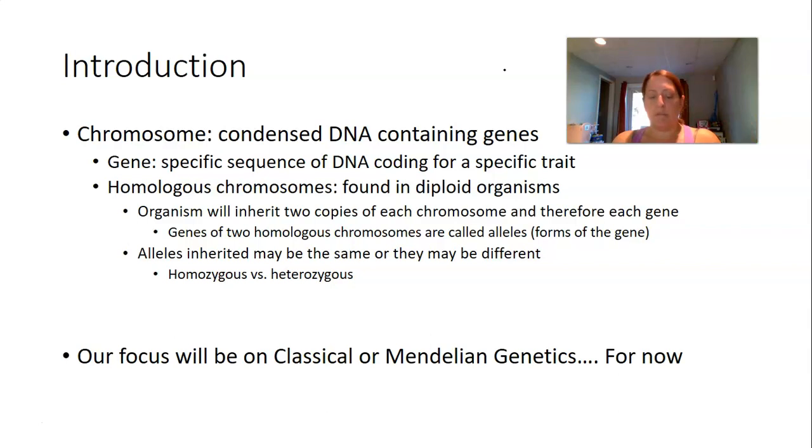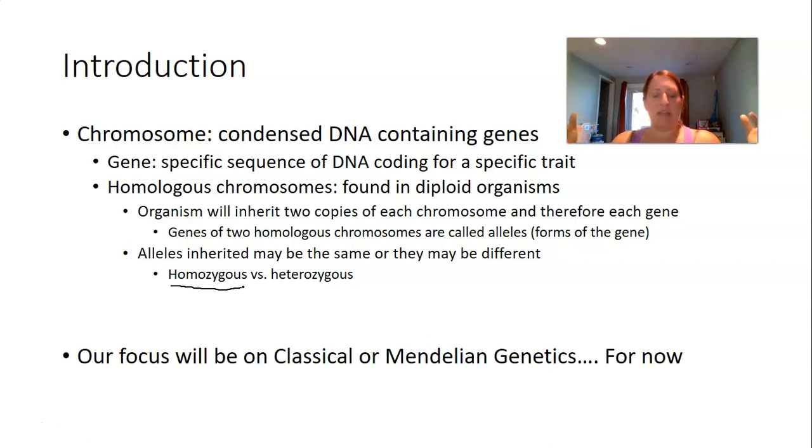Now here are some new terms. If the organism inherits alleles that are the same for a particular gene, we say that the organism is homozygous for that gene. Let's say, for example, both your mom and your dad give you the big E for eye color. We're going to look at this in lab this week.